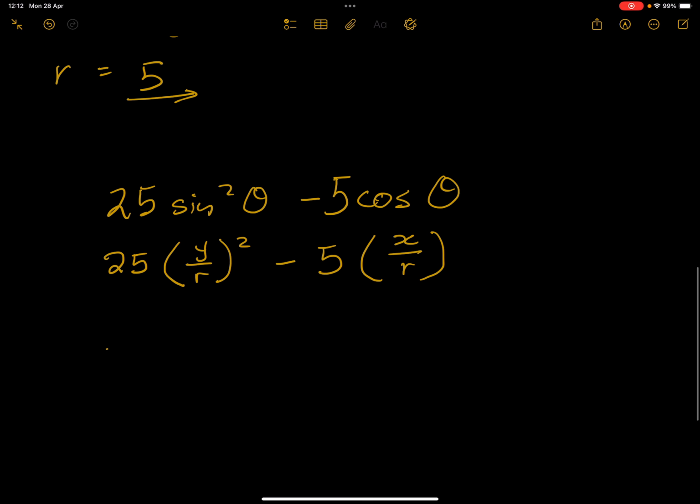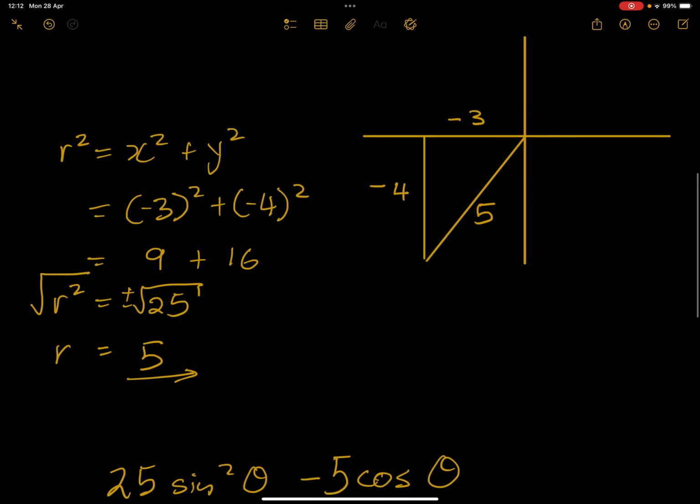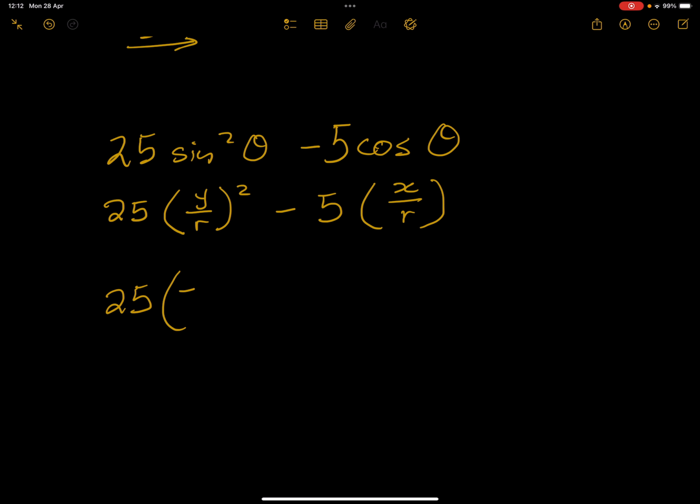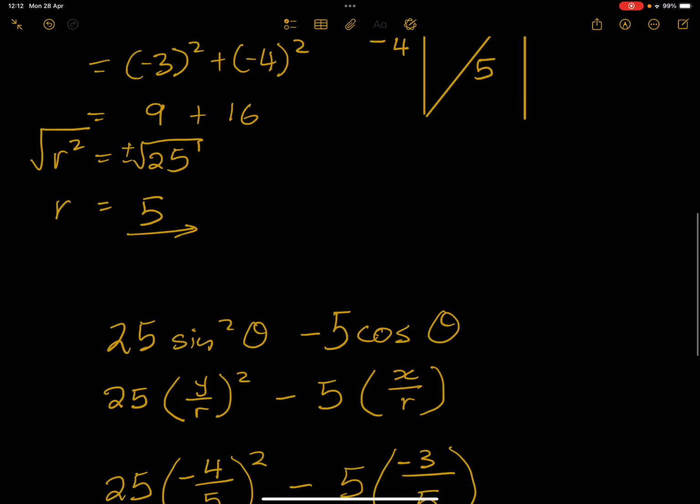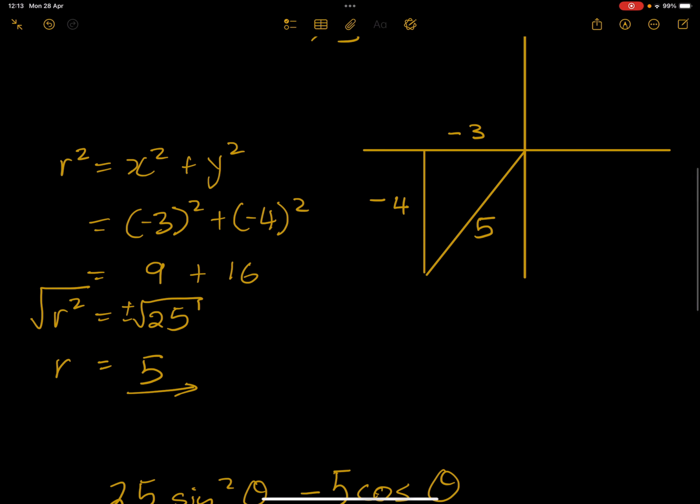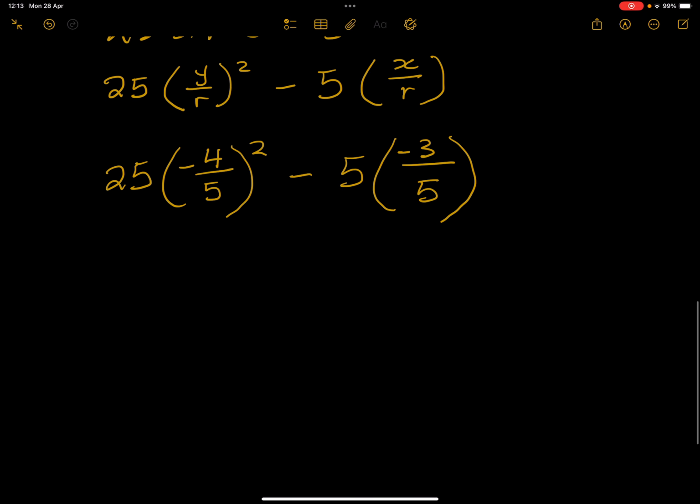So this is going to be 25 times our y value. Remember from our triangle, that's negative 4 divided by 5, so negative 4 over 5, but remember it is all squared, minus 5 times our x value. We found that to be negative 3 divided by 5. Remember that this is x over r. Our x value was negative 3, and our r value is 5.